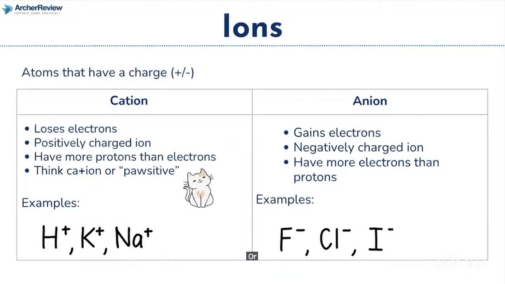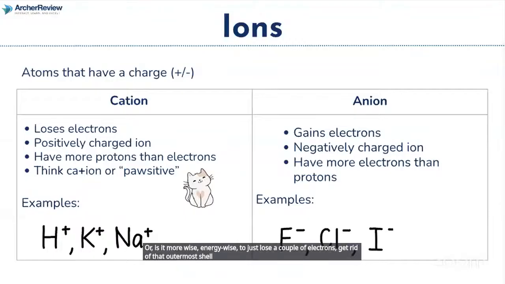Or is it more wise, energy-wise, to just lose a couple of electrons, get rid of that outermost shell, and then just have that second innermost shell full of electrons? So that is explained more in depth in our on-demand videos, but there is how we determine cation versus anion.